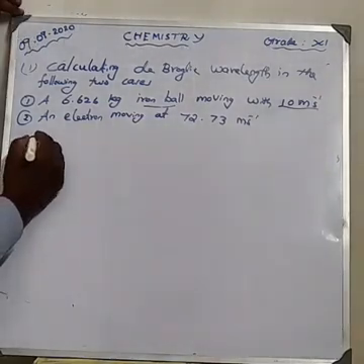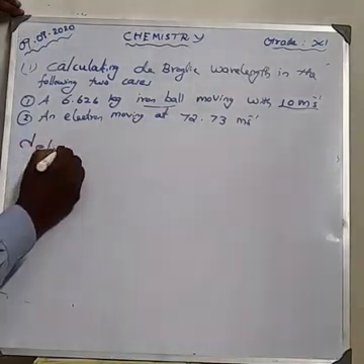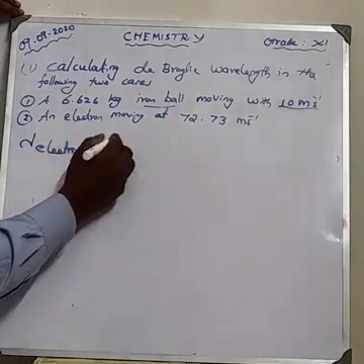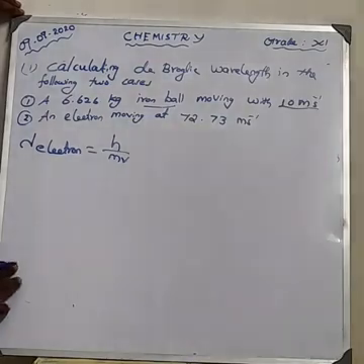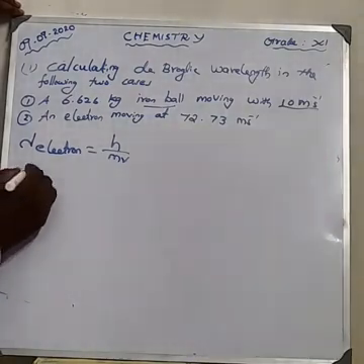Lambda for an electron is also the same formula, h by mv. Clear? So what is the value of h? Already I told you.